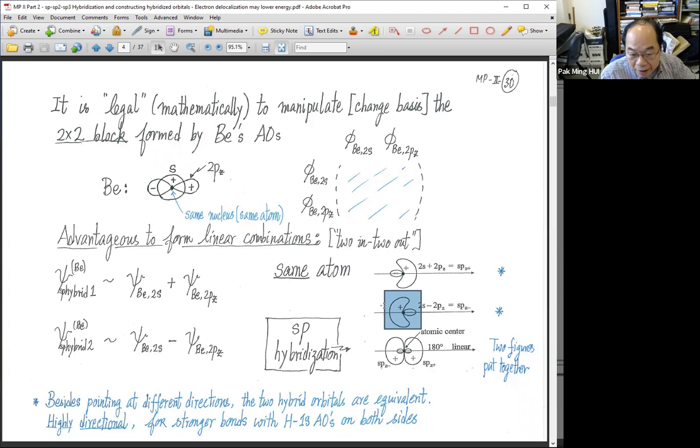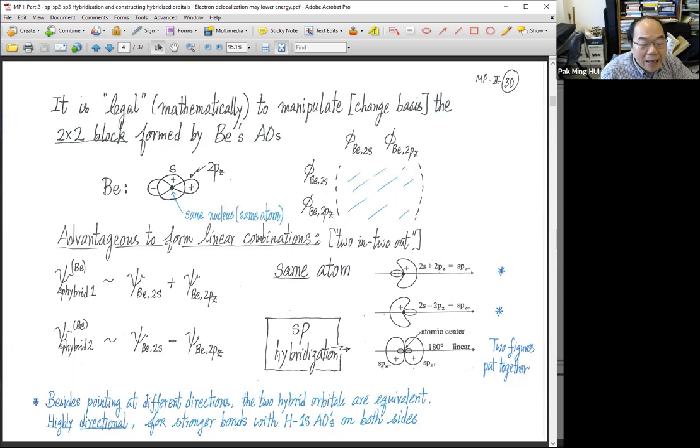Now, many books don't draw them one by one. You put the 2 things together, and it becomes something like this. This is 2 pictures drawn together, okay? So it is one thing going that way, another thing going that way.